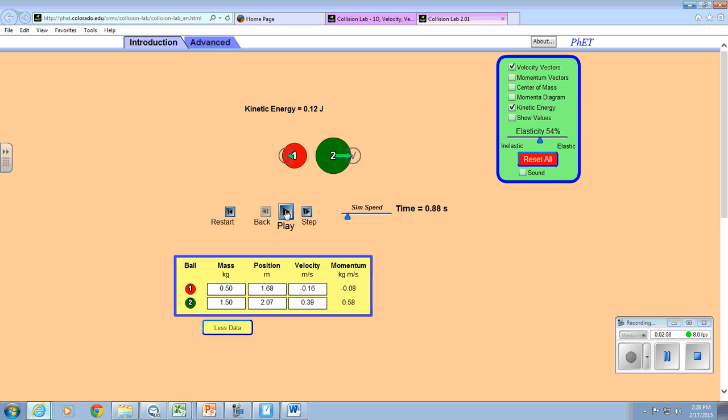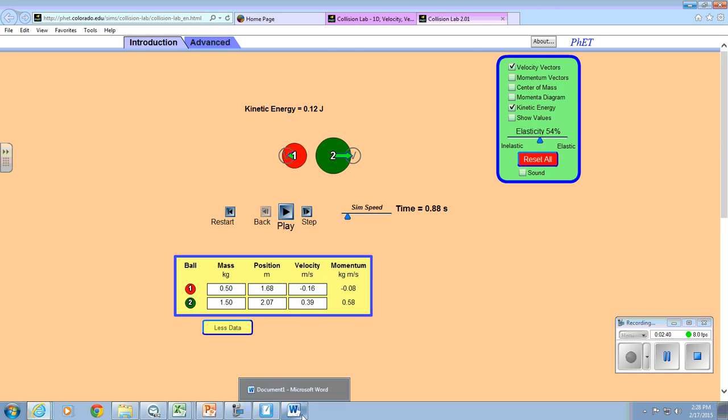And if we look, the energy has dropped to 0.12 joules, and if we add up our two momentums after the collision, they add up to 0.5. So in an inelastic collision, momentum's still conserved. Momentum is going to be conserved through every collision we talk about, but in inelastic, kinetic energy is not conserved. And with inelastic, the objects separate after the collision.